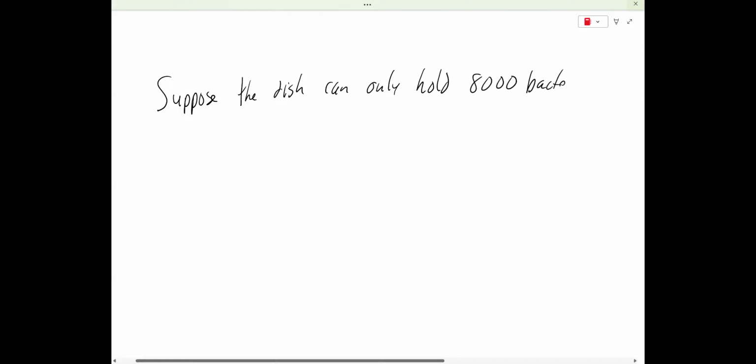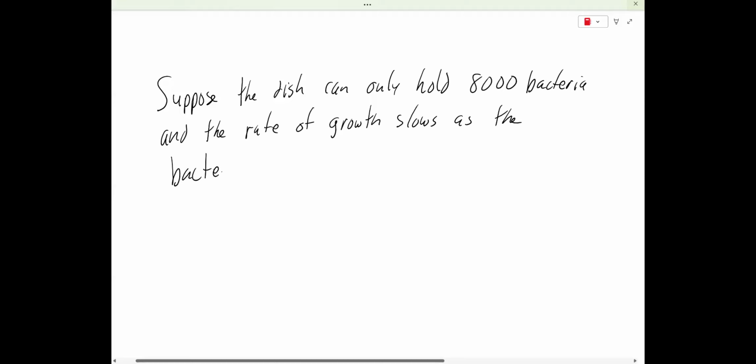Let's say, same thing again, or kind of the same dish, so it's like a new problem. Suppose the dish can only hold 8,000 bacteria and the rate of growth slows as the bacteria become crowded.